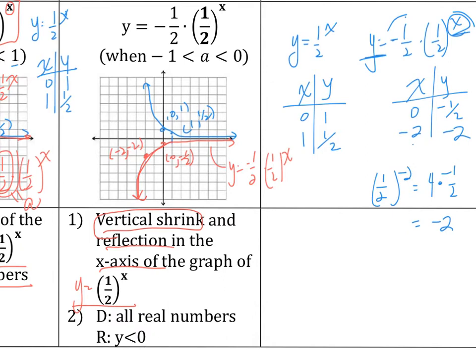Okay, as you can see, this graph is curving outwards more compared to the blue graph. Okay, and the domain is again still all real numbers, and the range will be y less than 0 because now the graph is below the x-axis and we want all the y coordinates that are less than 0.